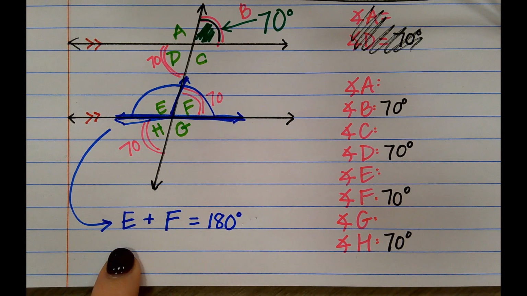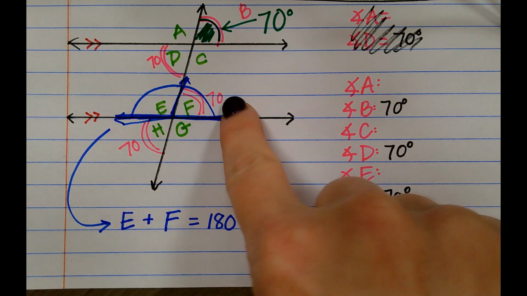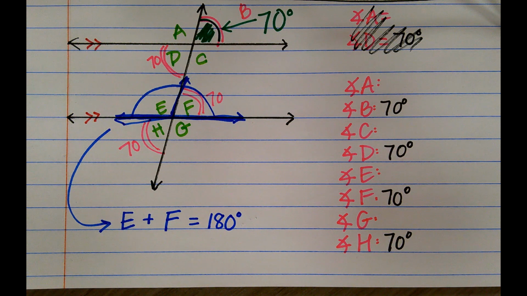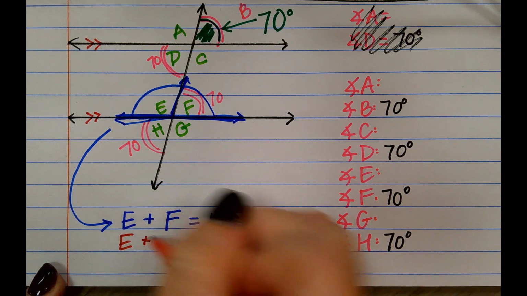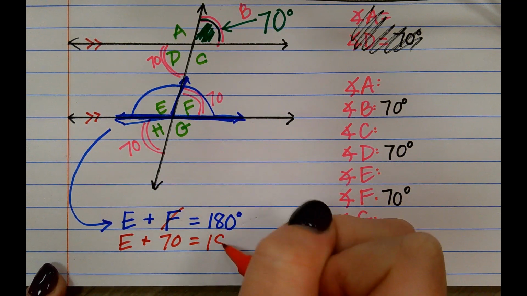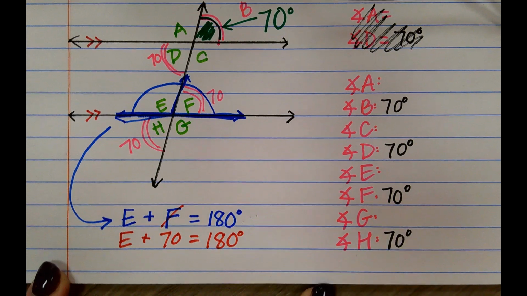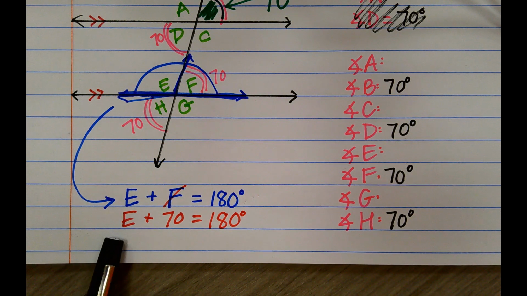Now, I don't know angle E, but I do know angle F. So we can plug in the value of F, which is 70. So now I'm going to write E plus F, which is 70, equals 180 degrees. And now we have an equation with a variable we need to solve for.